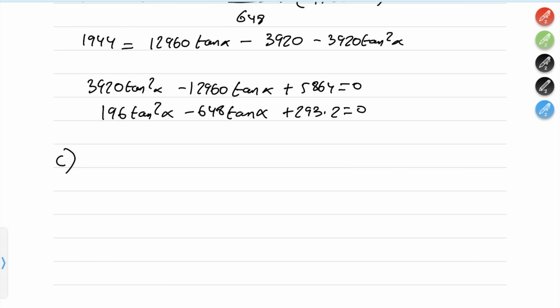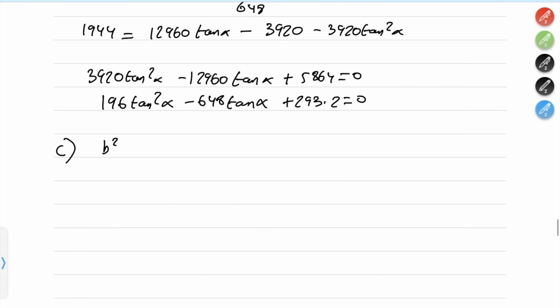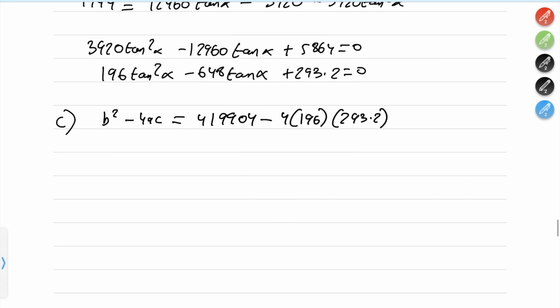If we use the discriminant here, so b squared minus 4ac, that is equal to 648 squared, 419,904 minus 4 times 196 times 293.2. So I did say you can find the solutions, or you can use the discriminant. And I'll explain that in a second.